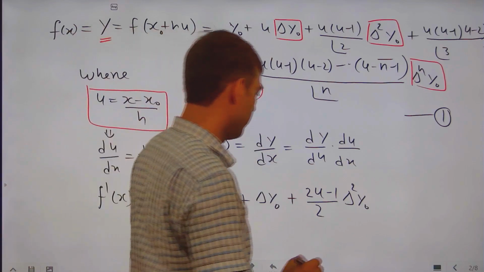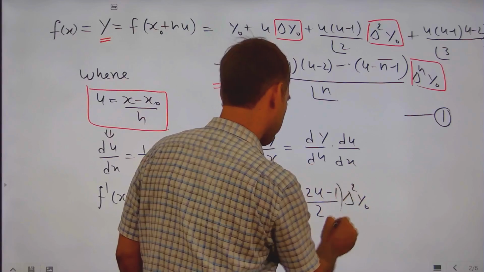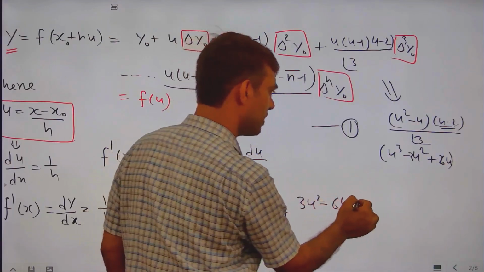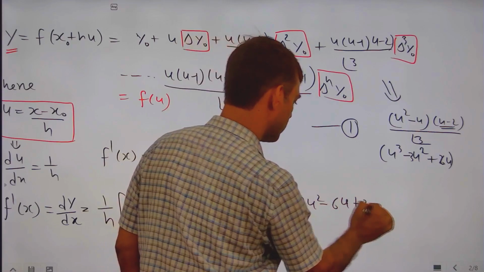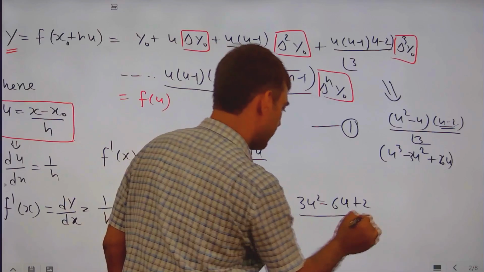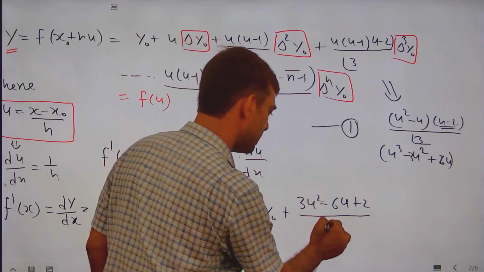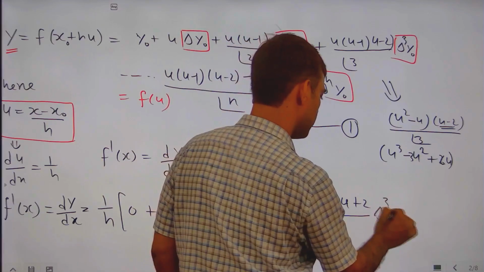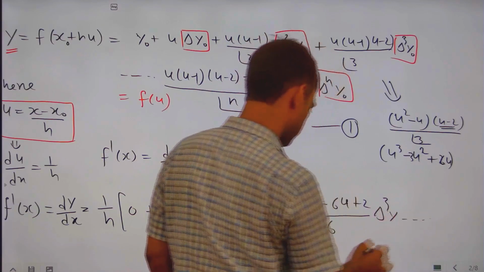Similarly, for the fourth term, the differentiation of the numerator is 3u square minus 6u plus 2, divided by factorial 3, which is 6, with del 3 y0. In a similar manner, we write all other terms.